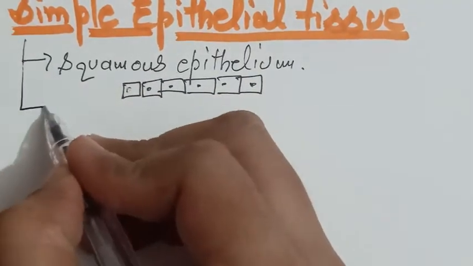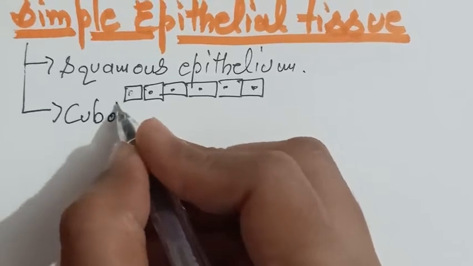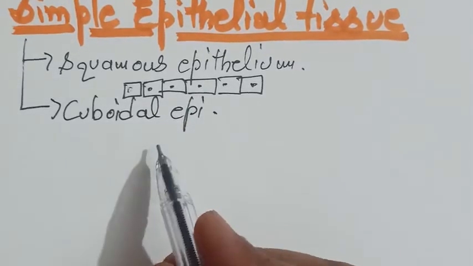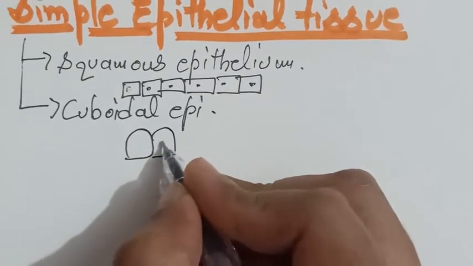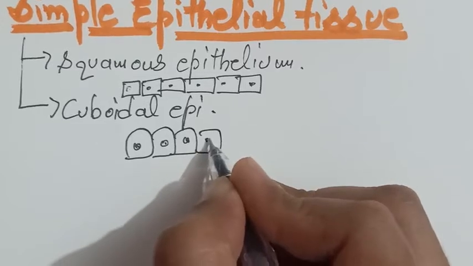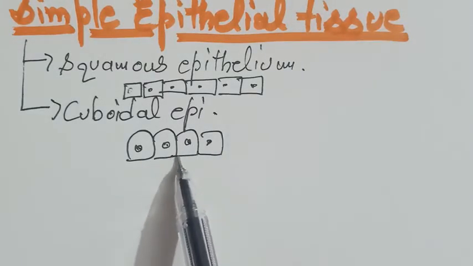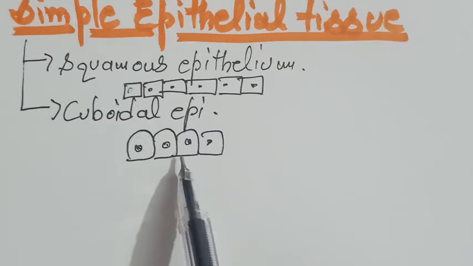Now next to squamous is cuboidal epithelium. In cuboidal epithelium the cells are cube like in appearance, and they occur in the glands like salivary gland, pancreas, liver.